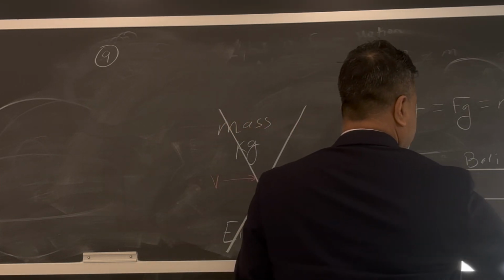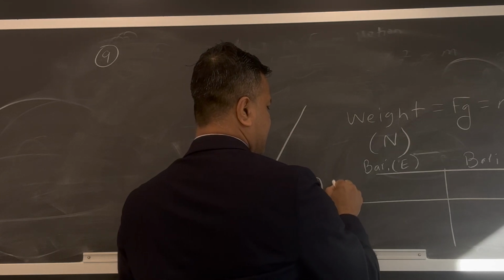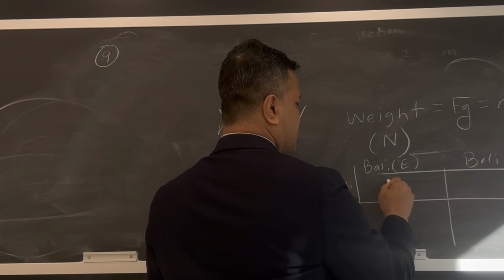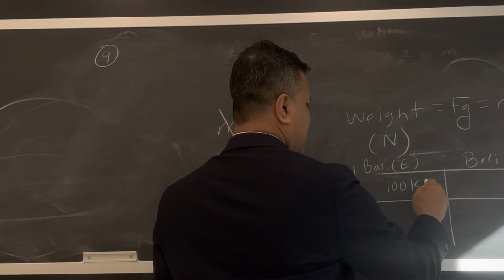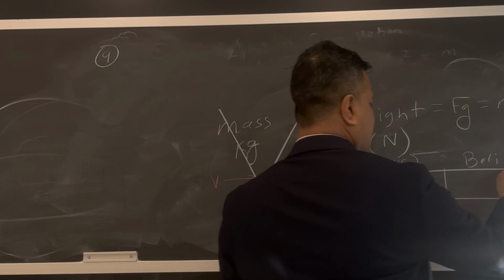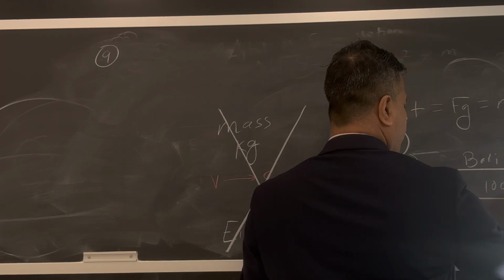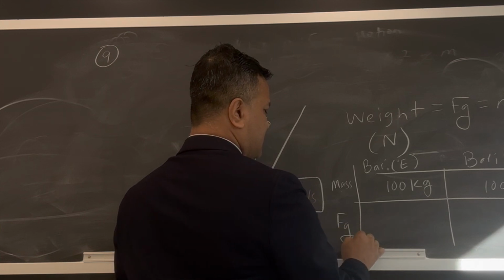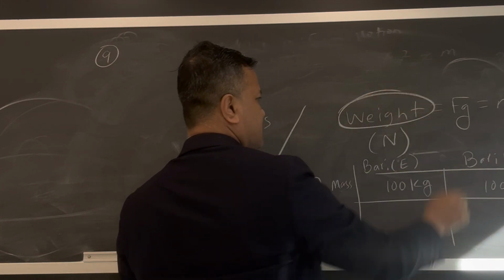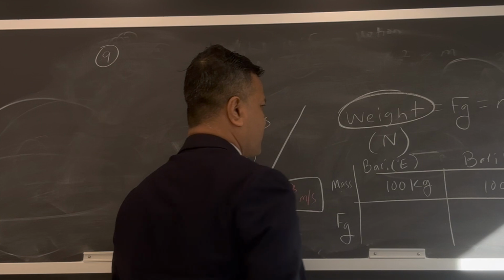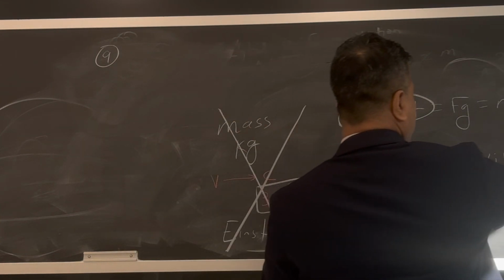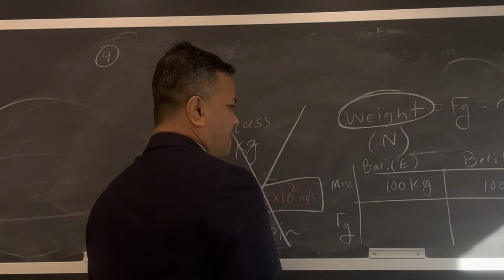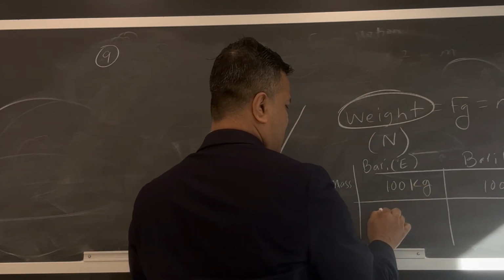Bari's mass on earth is 100 kilogram. Bari's mass on the moon is also 100 kilogram. However, Bari's weight, again, weight has a symbol Fg, which is force. Weight has another name, force, is 1000 Newton.